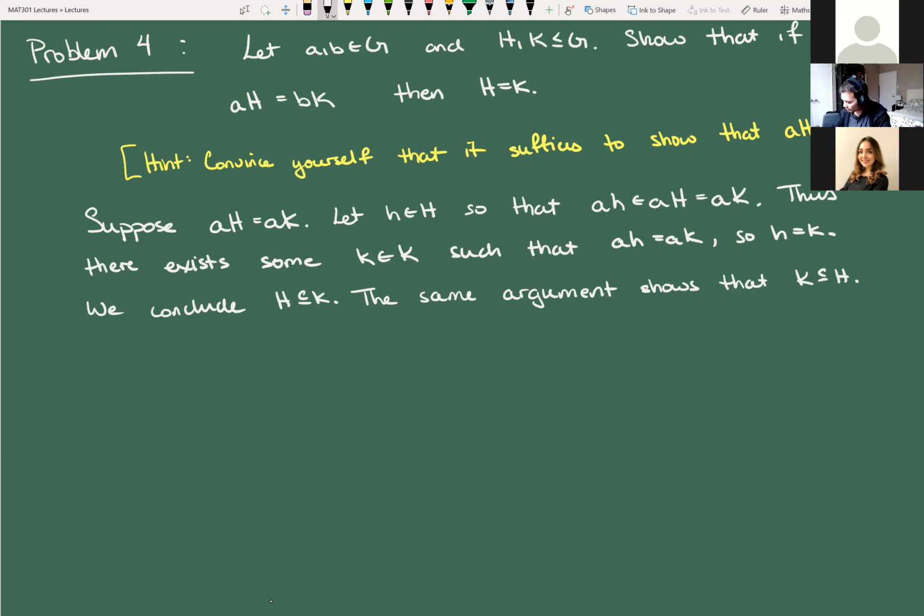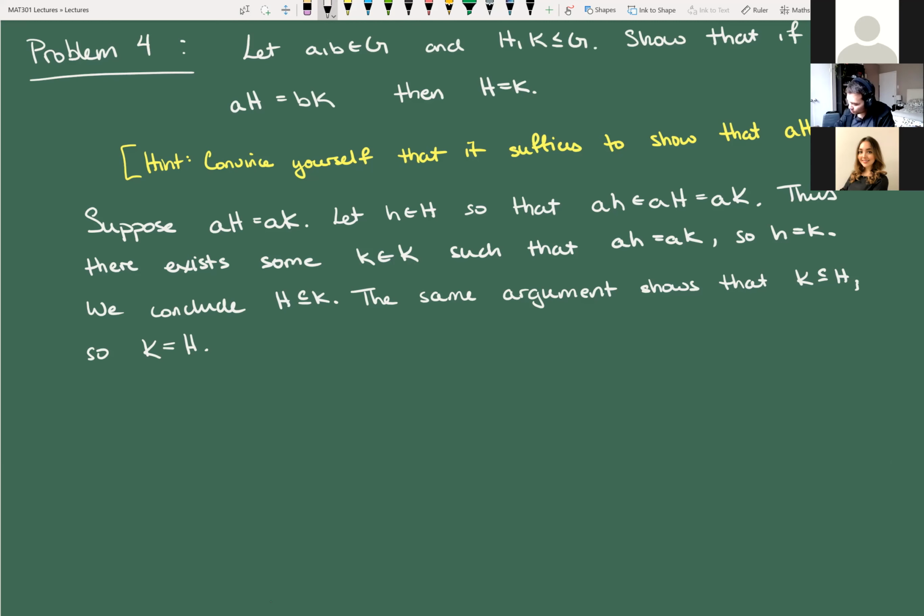And this gives you equality. So K is equal to H. So this will work. If we end up getting that AH is equal to AK, then we're done. So this should be our goal.